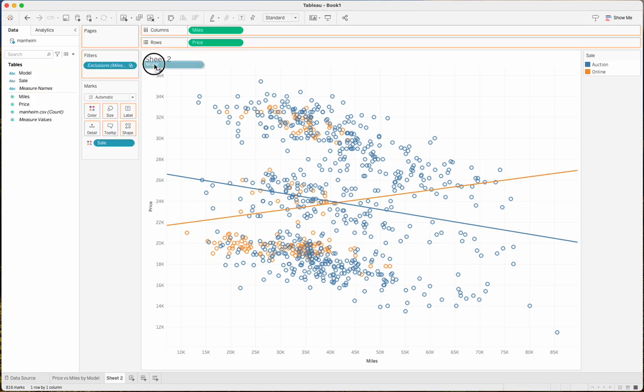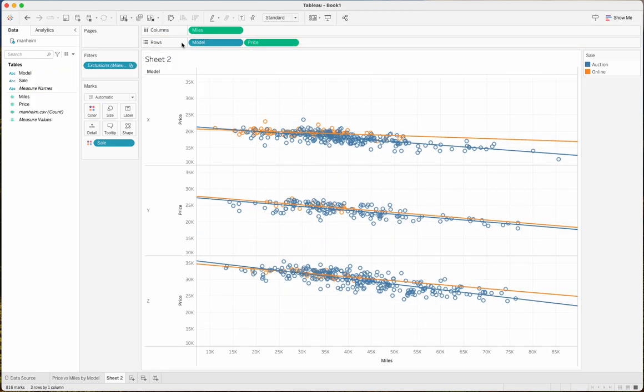I'm going to take the model pill right before price. And so I have built this association between price and miles, but segmented for every model of the car. Now let's take a look at the association between price and miles. We can see that the yellow and the blue lines are both significant, right?